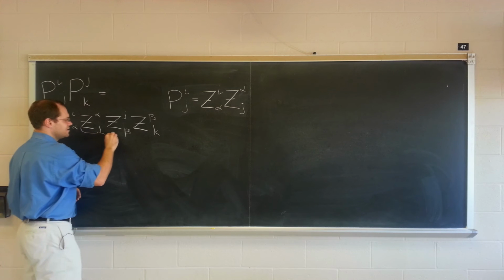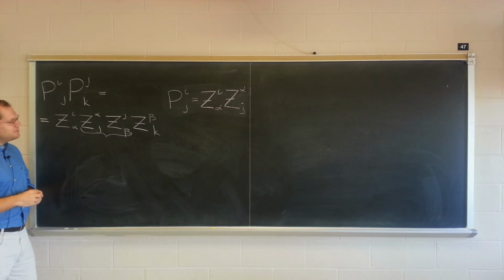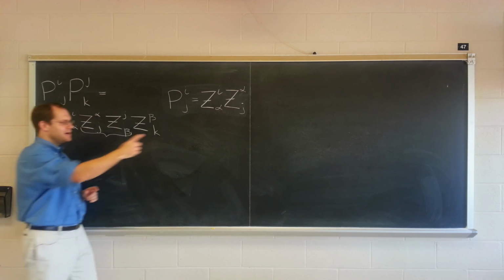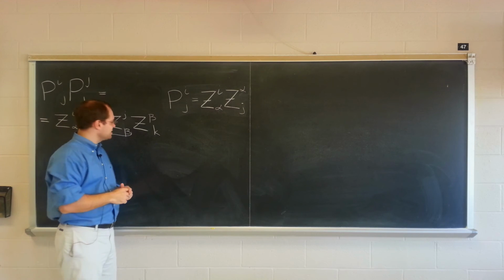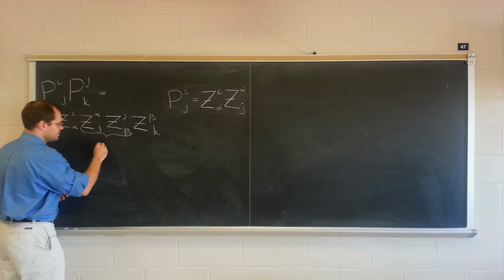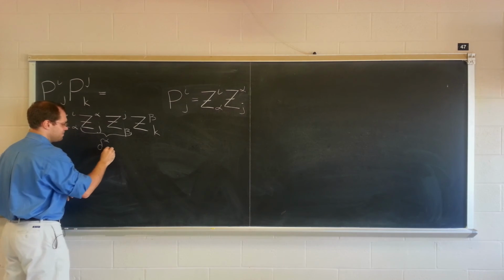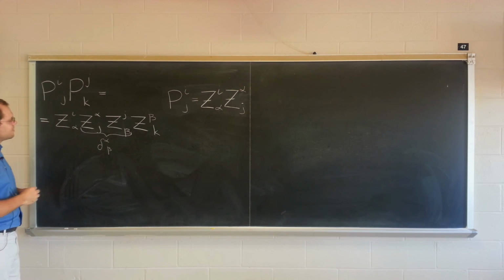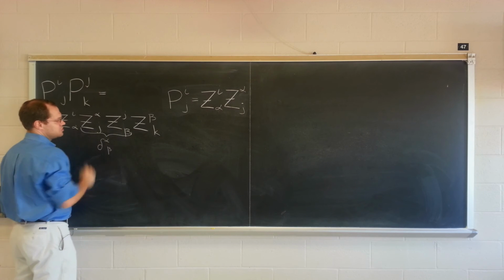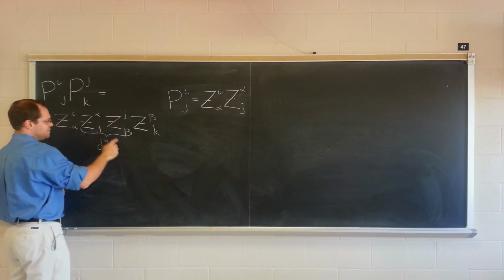I now see this combination right here, which by the relationship between the metric tensors is the Kronecker symbol. This is delta alpha beta. And of course, it will just serve to rename beta into alpha or alpha into beta.